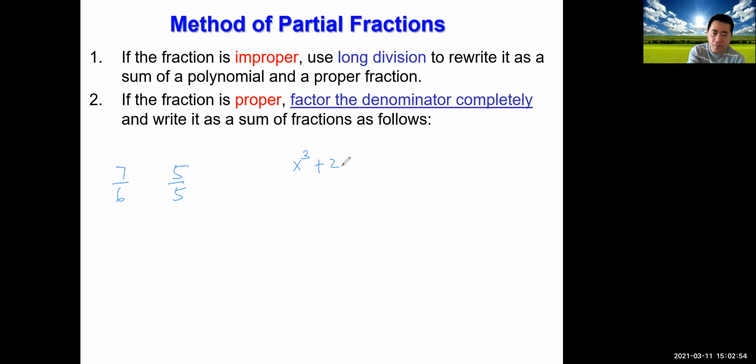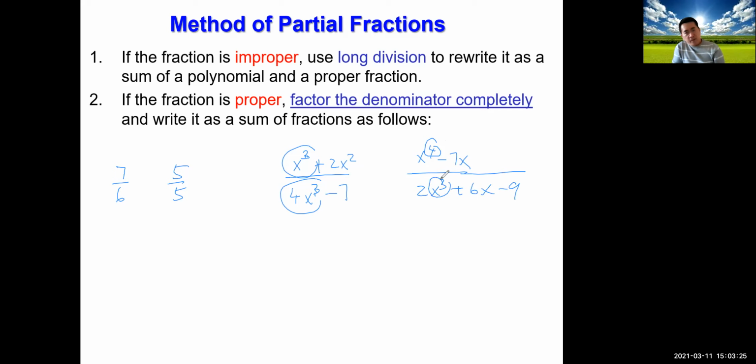then it's improper if the degree of the numerator is equal to or greater than the degree of the denominator. So these are improper fractions. Or you have something like that over this. That is improper, degree 4 over degree 3.